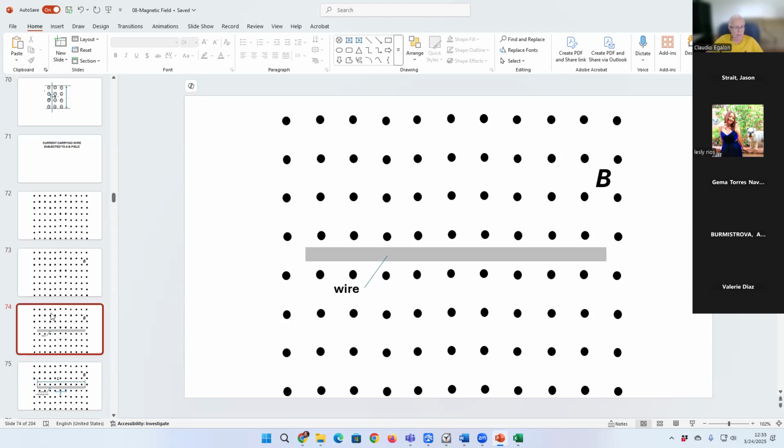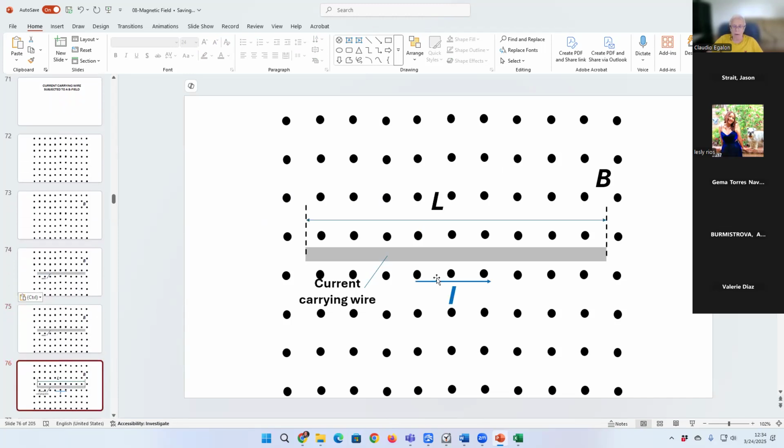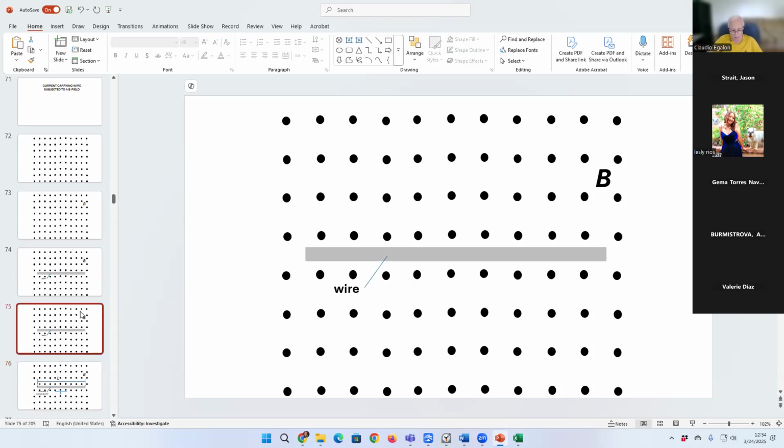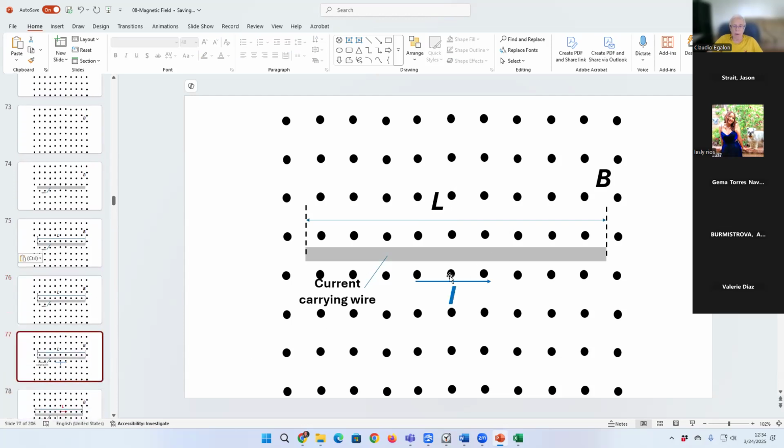In the next step, we're going to turn on the current in this wire. First, we are going to say what's the length of this wire. Length of the wire, right? And then I'm going to turn on the current on this wire. Go. And then it becomes a current carrying wire.